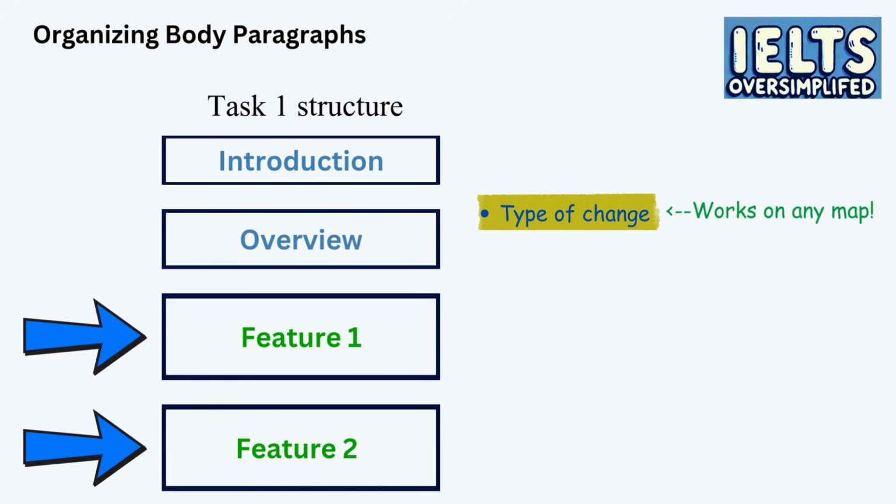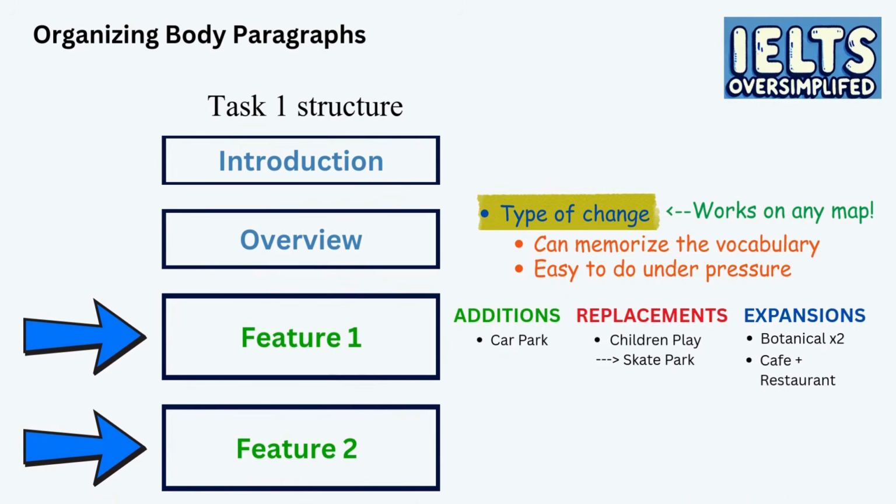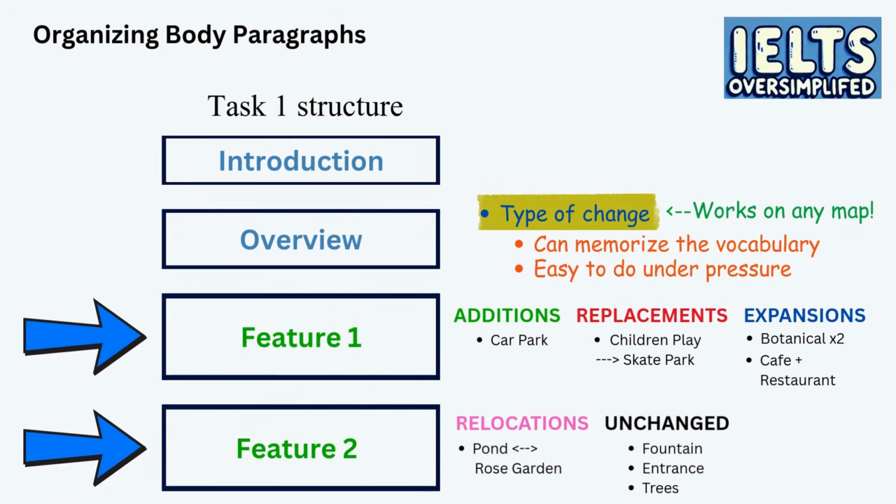It teaches you the vocabulary systematically, and it's the easiest method to remember under exam pressure. So, in the first paragraph, we'll describe additions, replacements, and expansions, the major changes that happened to the park. In the second paragraph, we'll describe relocations and unchanged features. Let's get started.